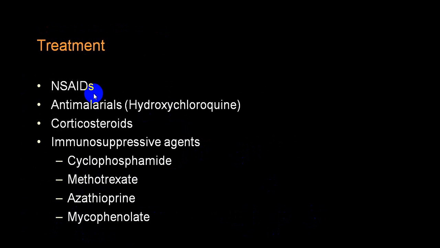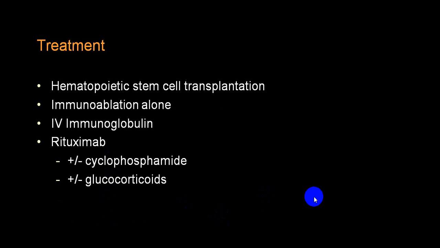The most commonly utilized are NSAID, antimalarial, that is hydroxychloroquine, glucocorticoid, and in immunosuppression cyclophosphamide, methotrexate, azathioprine, and mycophenolate. In blood disorders, you can go for stem cell transplant, IV globulins, and biological compounds. Plus, you can use cyclophosphamide or glucocorticoids.